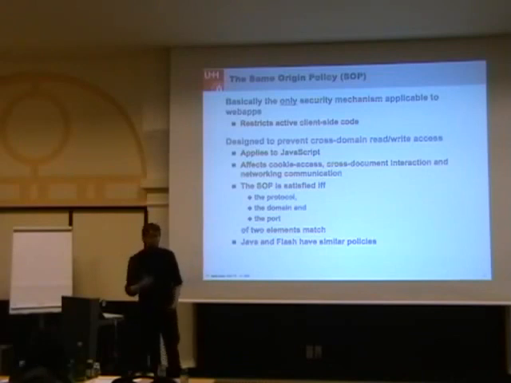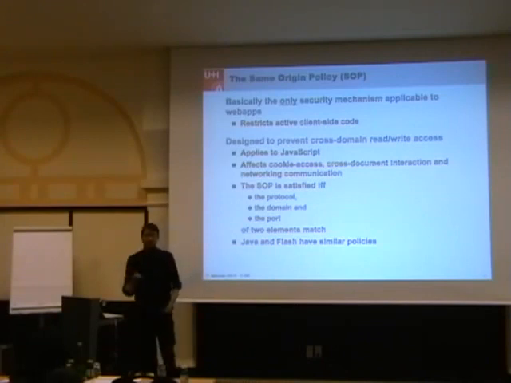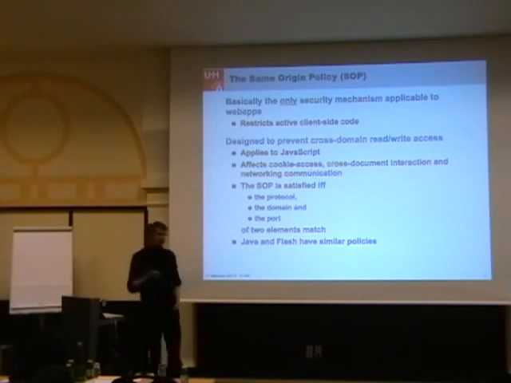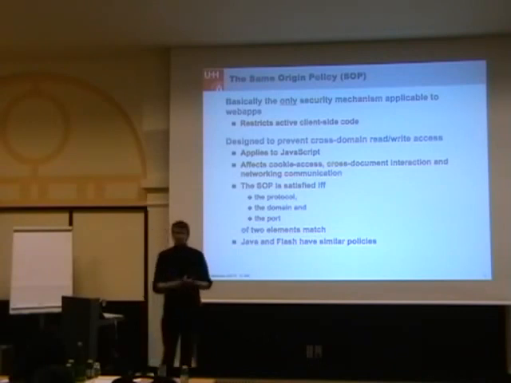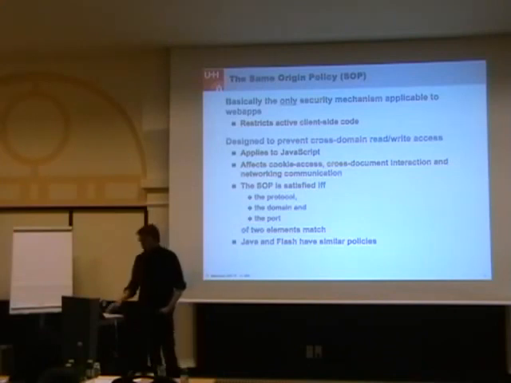Then the 2 elements we look at, the client-side script and something else, are allowed to interact with each other. The same origin policy pretty much affects everything. It affects JavaScript, Java, and Flash. Cookies are sent according to the same origin policy. Pretty much everything we know nowadays in web browsers is to some degree dependent on the same origin policy.